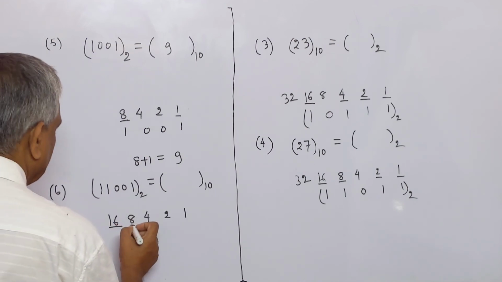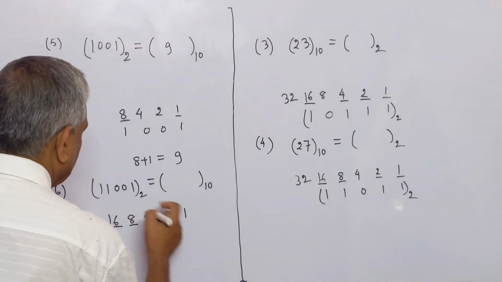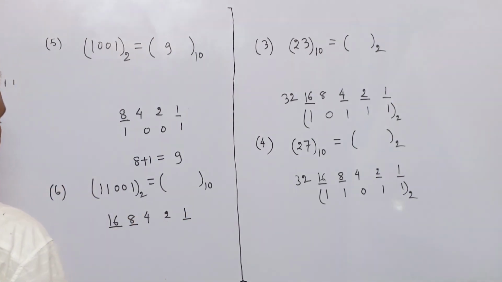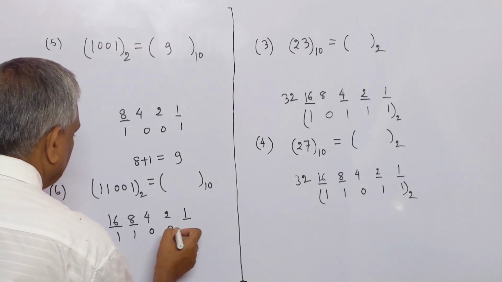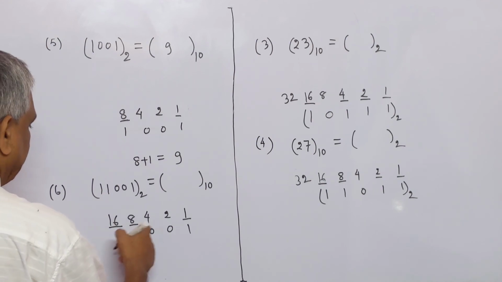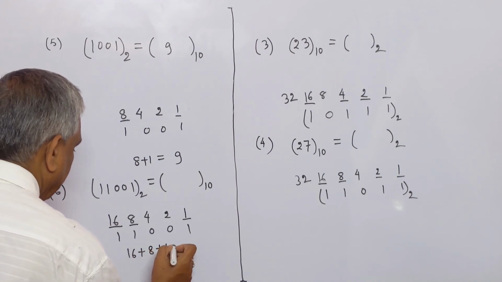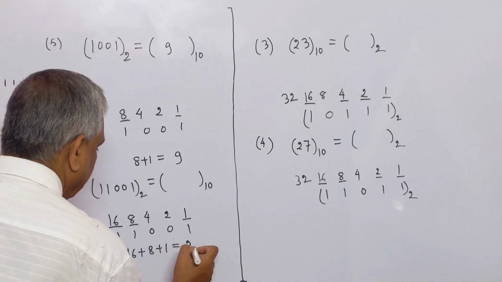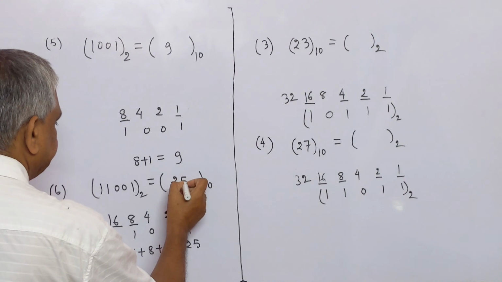In the fourth place we write a bar, here 1. In the first place here 1, so we write a bar. Here 0, so we will not give a bar. We add these numbers in which a bar has been given: 16 plus 8 plus 1. 16 plus 8 is 24, plus 1, 25. So the number in decimal system is 25.